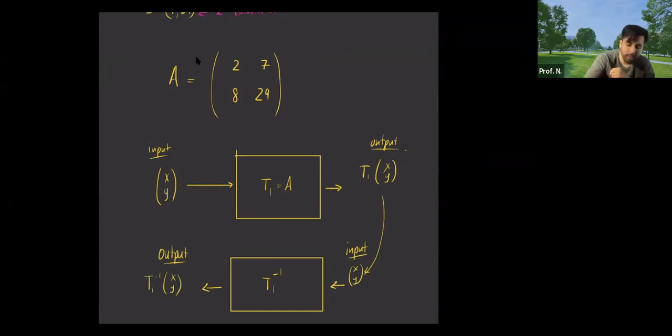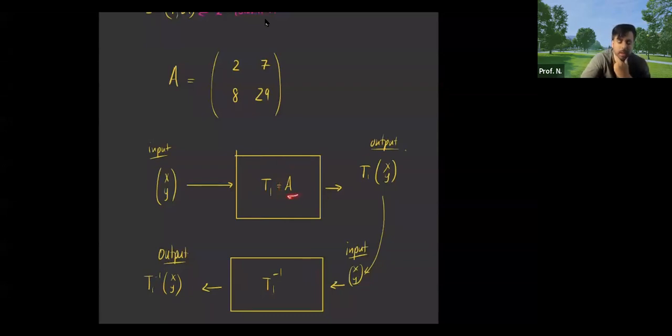So in order to find what that inverse is, how do you think finding the inverse linear transformation is related to the original linear transformation? How are they related with respect to their matrix representation?